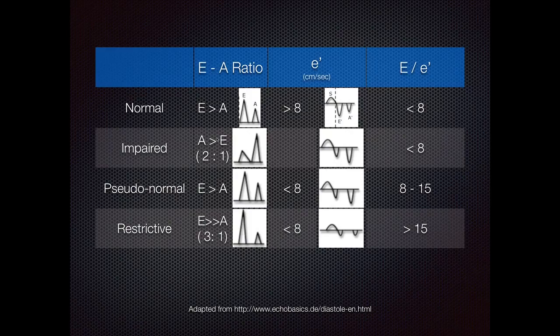And to differentiate the other two abnormalities from the normal stage, we move on to tissue Doppler imaging. So what I've got in this table here is the cutoff for the septal annulus level. So if your E prime is blunted, you've got a patient with diastolic dysfunction. And then lastly, E to E prime as a reflection of LV end diastolic pressures.